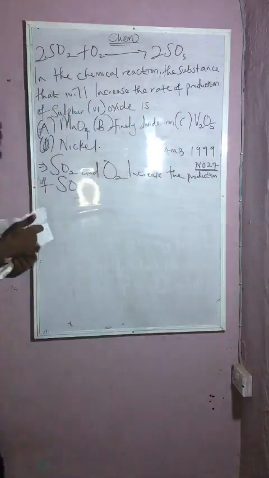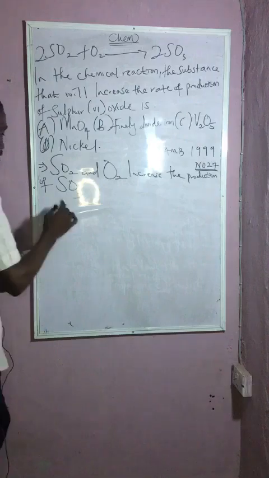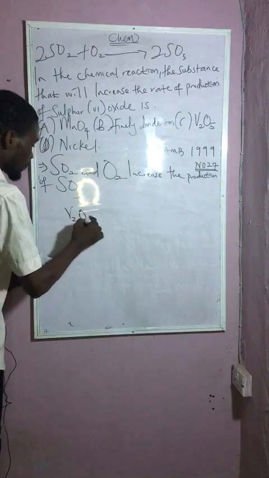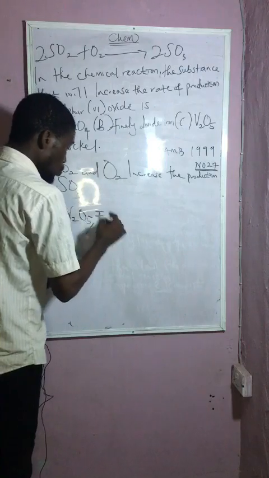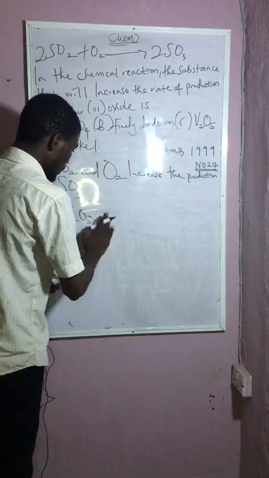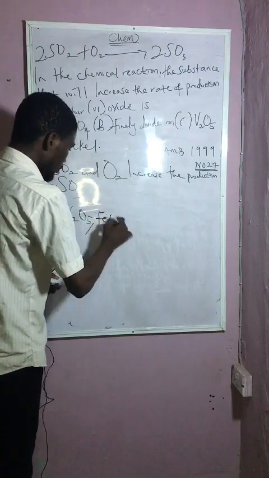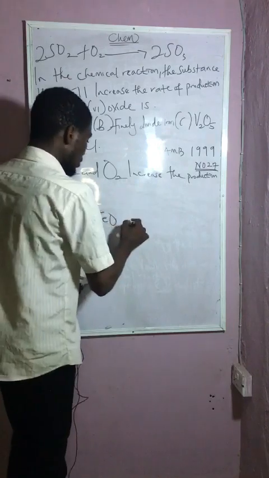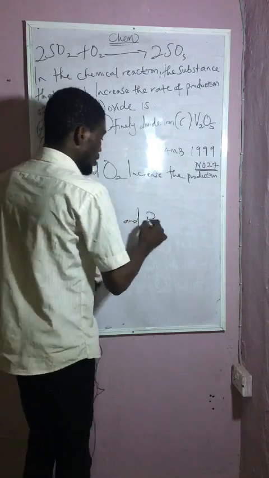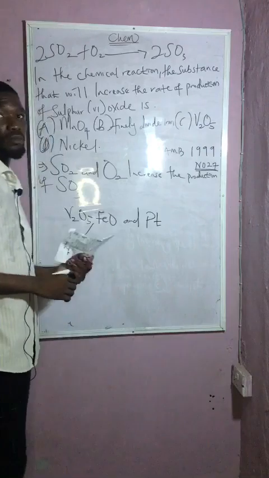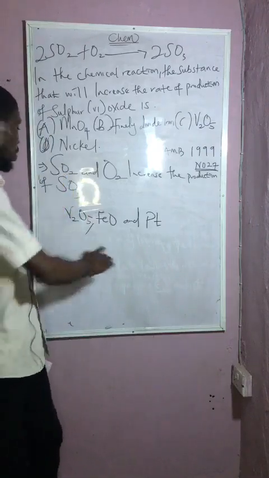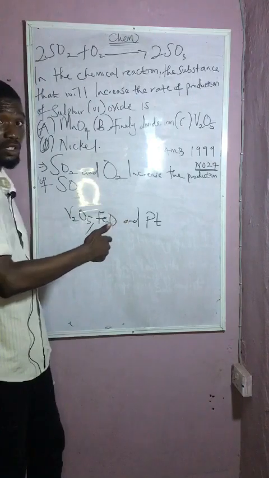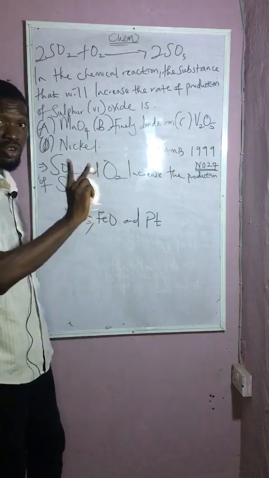So for examples under that, we have vanadium 5 oxide, we have iron 2 oxide, and we have Pt, platinum. And under this, I just stated now, please take note. If you have a positive catalyst, there are two reactions that occur there.